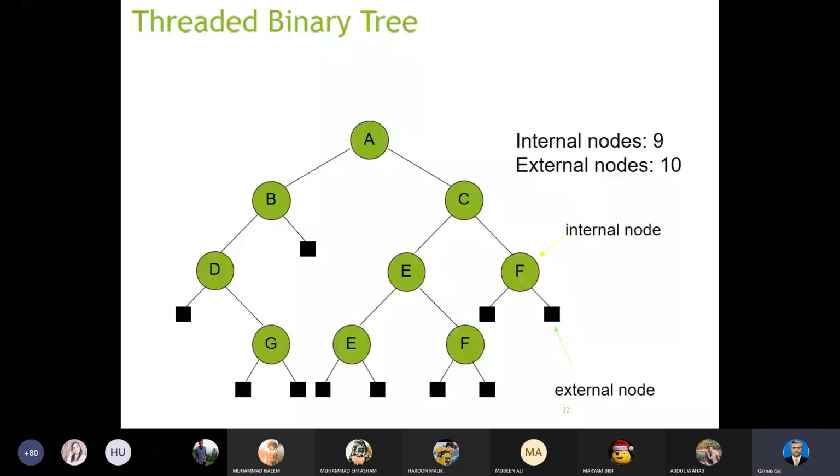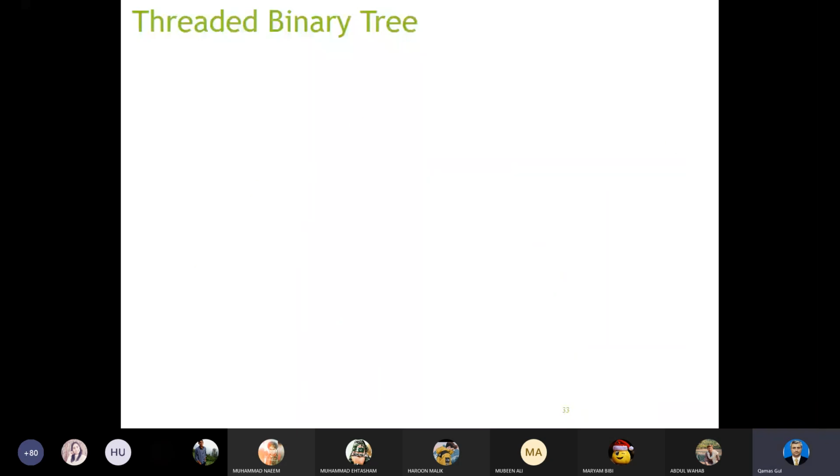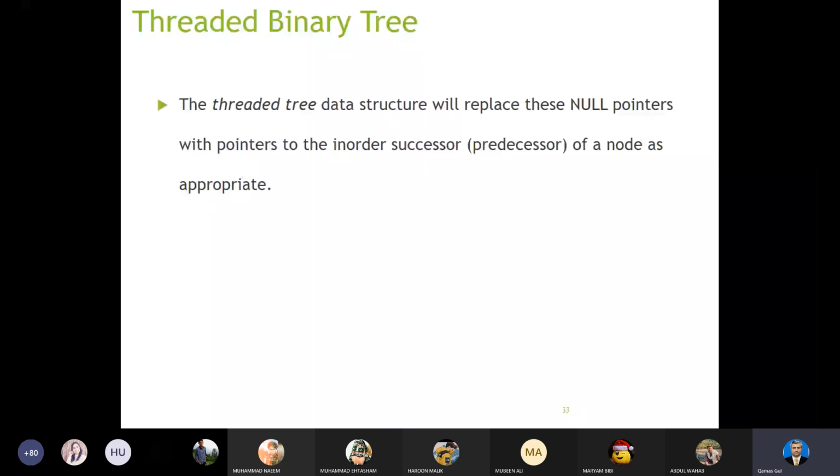And what are the internal nodes and what are the external nodes? You know that. The threaded tree data structure will replace these null pointers with pointers to the in order successor, predecessor of a node as appropriate.